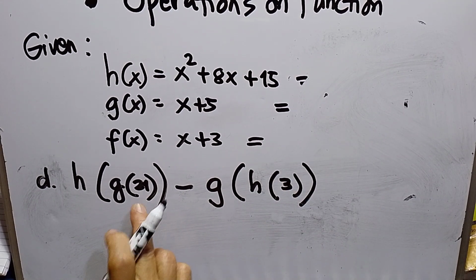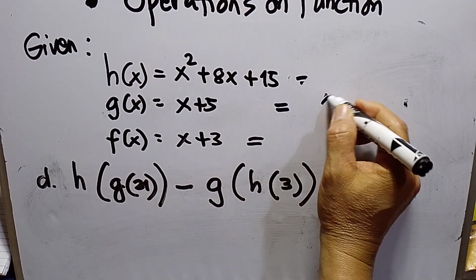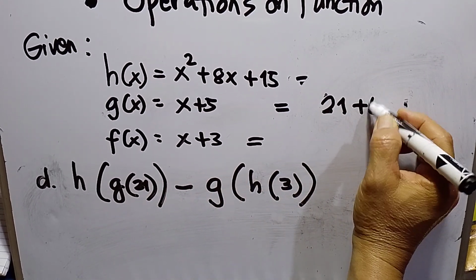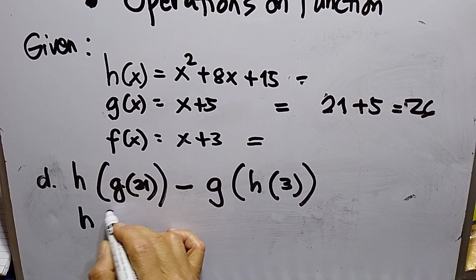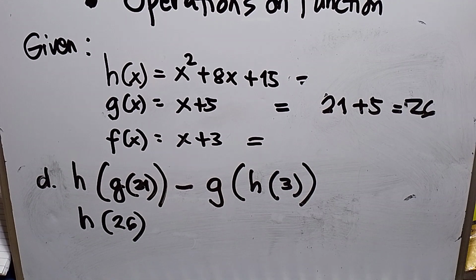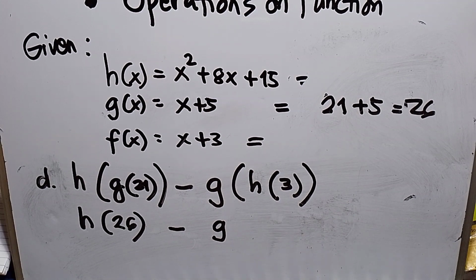So for g of 21, my x in g is 21, so this will be 21 plus 5 is 26. So this will be h of 26. Then minus g of h of 3.